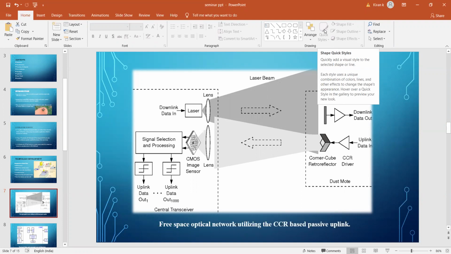A high frame rate video camera at the base station sees the corner cube retroreflector signals as light blinking on and off. It decodes these blinking light images to yield the uplink data. This uplink scheme achieves several kilobytes per second over hundreds of meters in full sunlight.